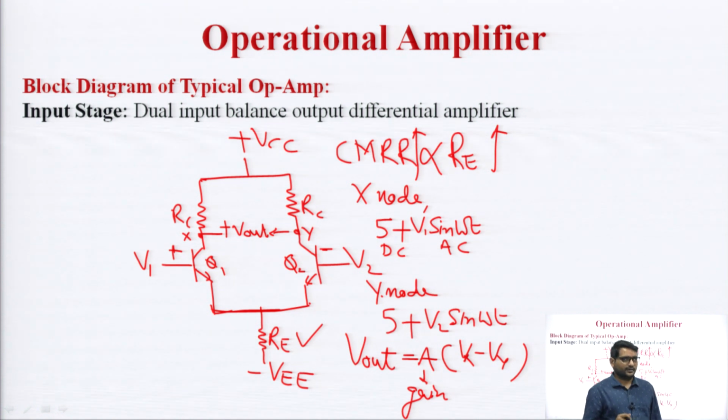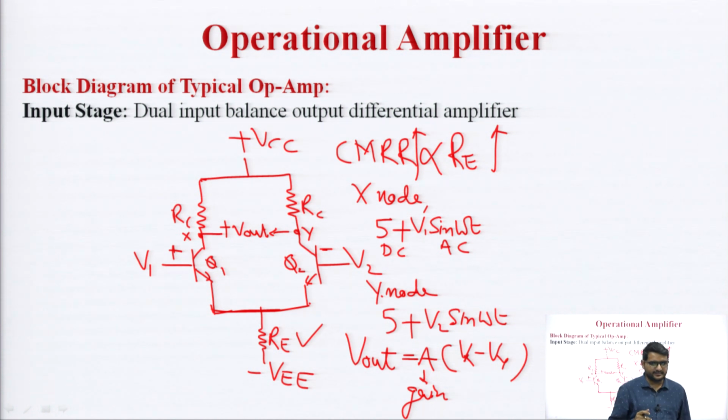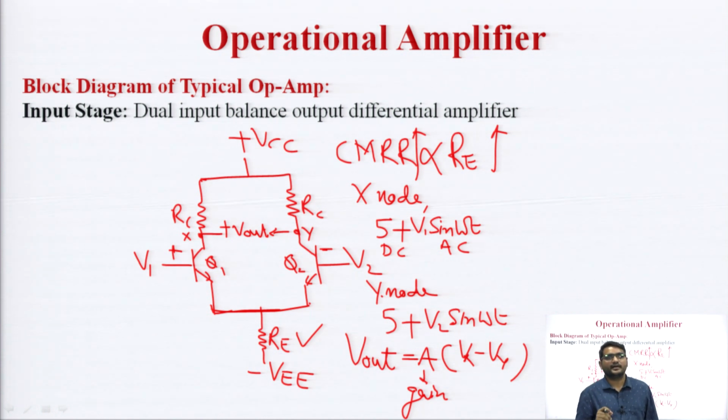Because if we want a high CMRR, RE must increase, and a high value resistance is not possible to form on a silicon chip. So, we replace RE with the current mirror circuit, which is easily available in integrated circuit form.